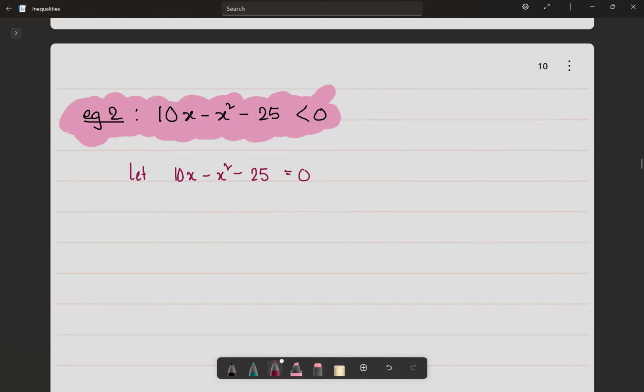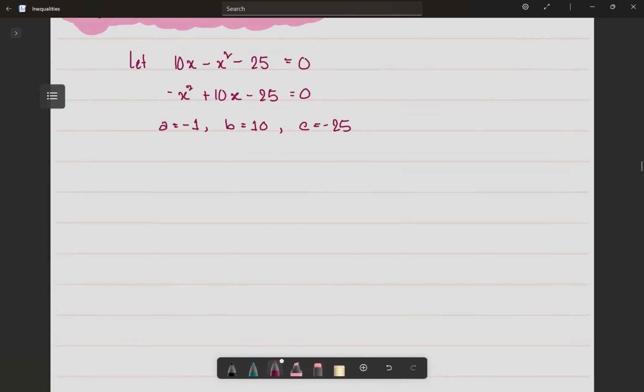So we will solve it using the quadratic formula. For the formula, we have to rearrange it and write it as this equals 0. So my value of a is negative 1. The value of b is 10. The value of c is negative 25.